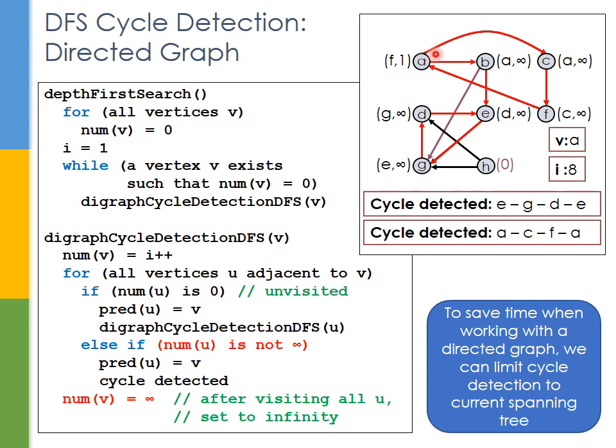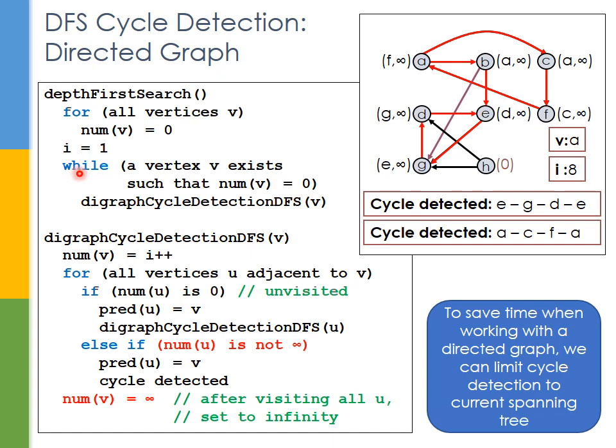At this point, we see that we have considered both of the adjacent vertices for vertex A. There are no further adjacent vertices to consider. So A's number gets set to infinity, meaning that we have now added it to the spanning tree. So at this point, we are now back at this while loop right at the start of the algorithm.